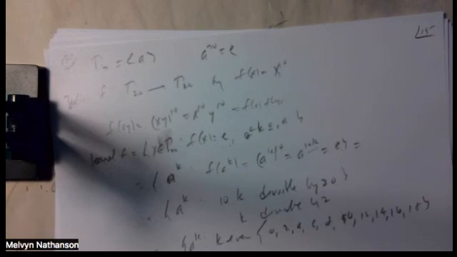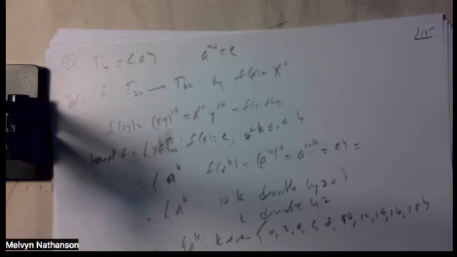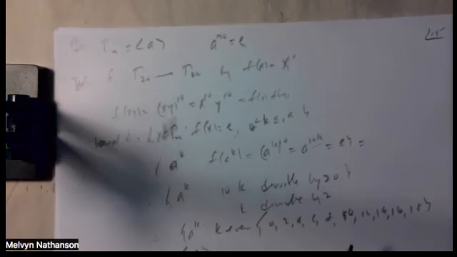So the kernel of f is the subgroup generated by a squared. It's all powers of a squared. That's the kernel.